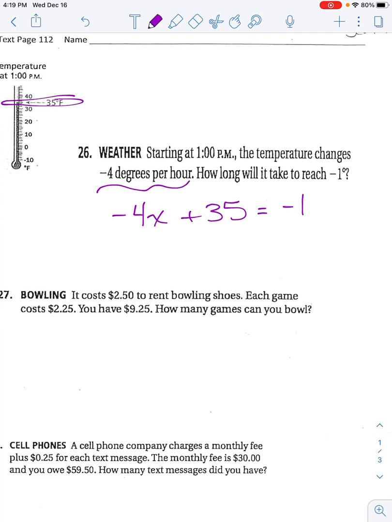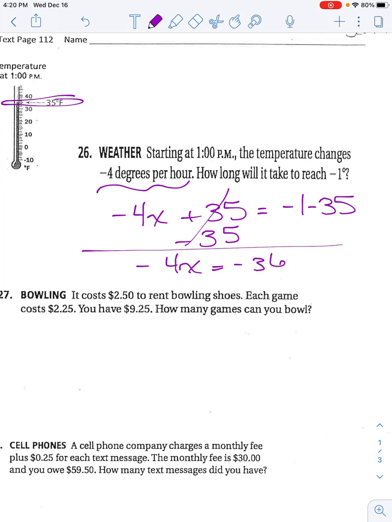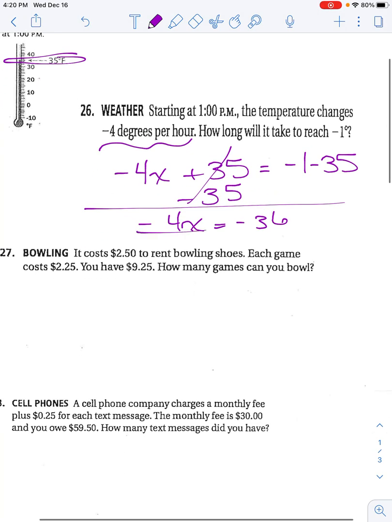Okay, we're going to solve this two-step equation. Remember that we undo addition and subtraction first. So we're going to undo the addition by doing the inverse, subtracting from both sides. And -1 minus 35 is -36, same sign, find the sum, lots of negatives.